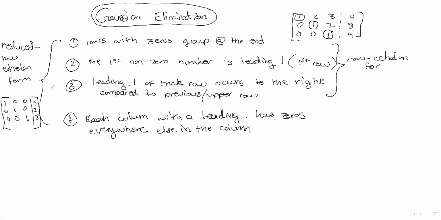And then number 4, the reduced row echelon form, once you include step 4, it's actually called Gauss-Jordan elimination. Yes, Gauss-Jordan. So the Gauss-Jordan elimination is when it's in reduced form, and the Gaussian elimination is basically the row echelon form. It's number 1 to number 3.